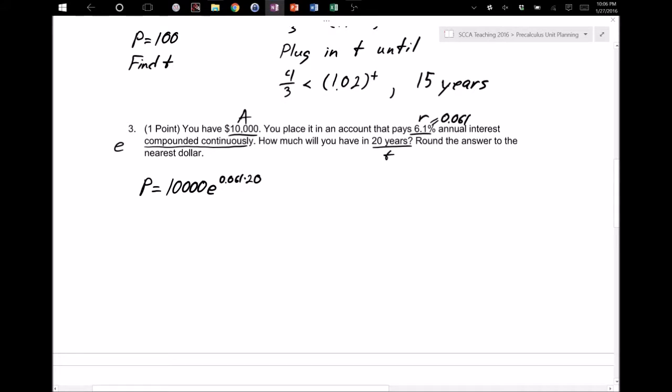And let's find out what that value is. And we get 10,000 e to the 1.22. And then we have to use the calculator to find this out. e to the 1.22.